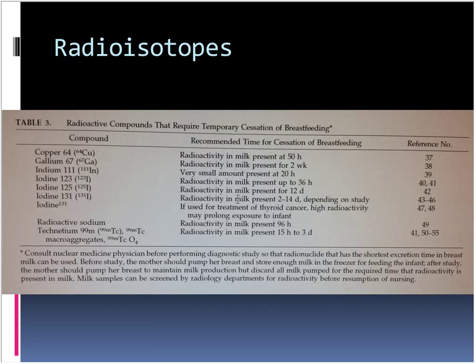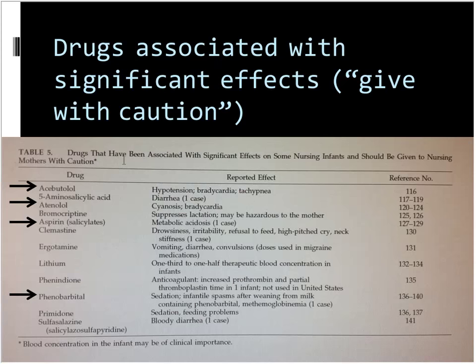And again, not surprisingly, radioactive substances are not conducive with breastfeeding, and all of those are listed here. So this is something to consider. Do radioisotopes appear in human milk? Yes, they do. Should we be exposing an infant to radioisotopes? Probably not. So those are contraindicated.